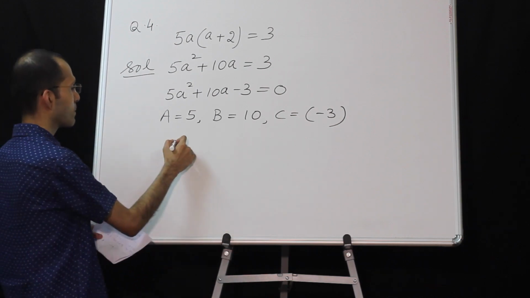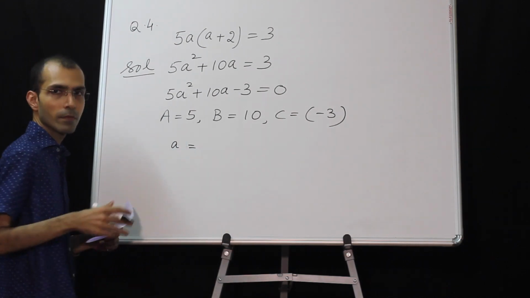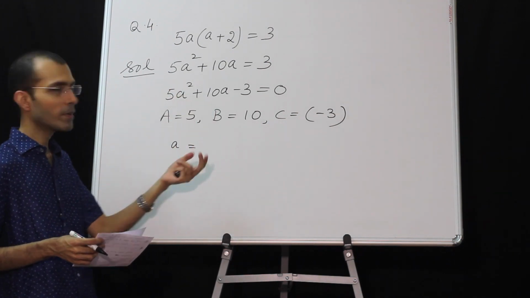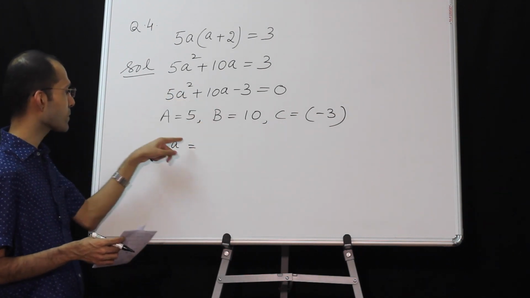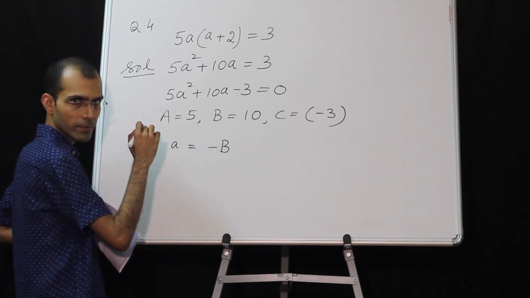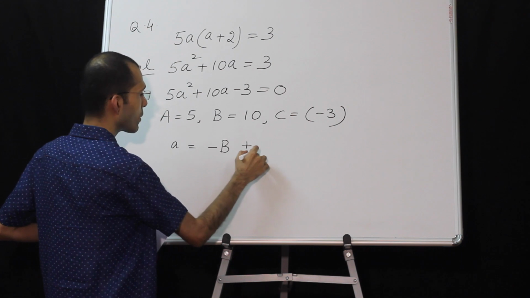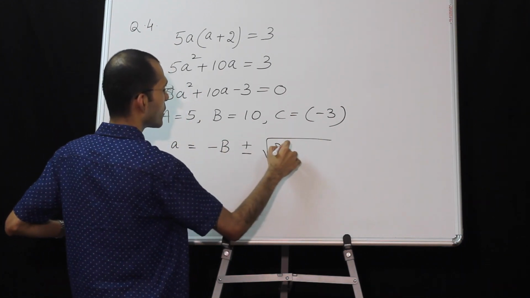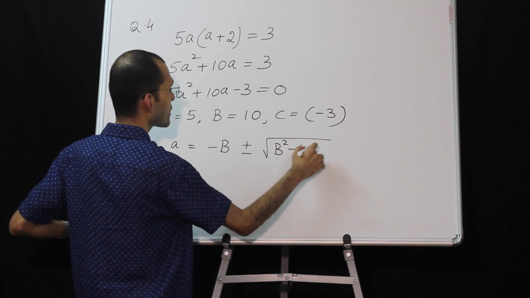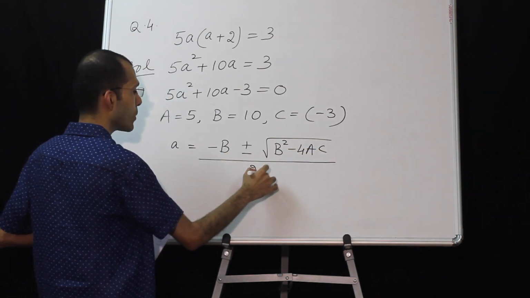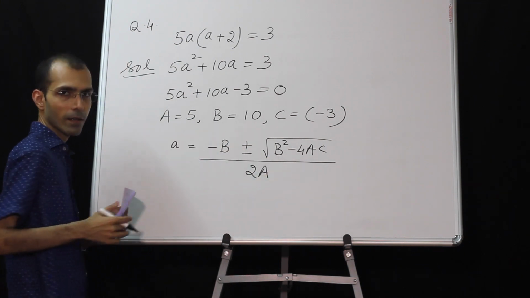Now, if this equation was in x, we could have written x equal to, but this equation is in a, so small a equaling minus b plus or minus root of b square minus 4ac the whole divided by 2a. This is the formula.